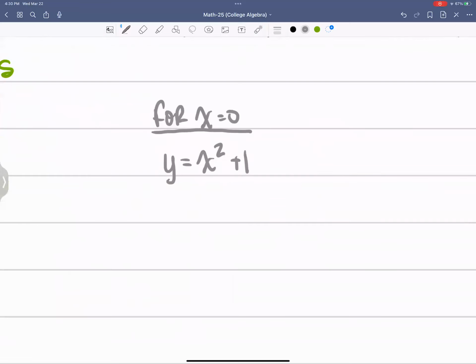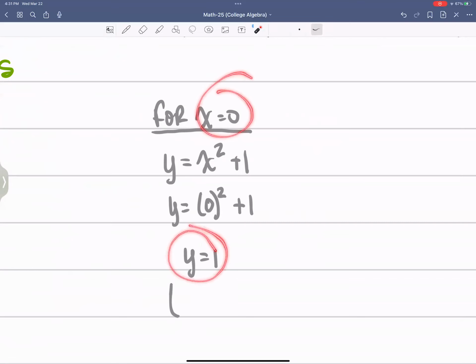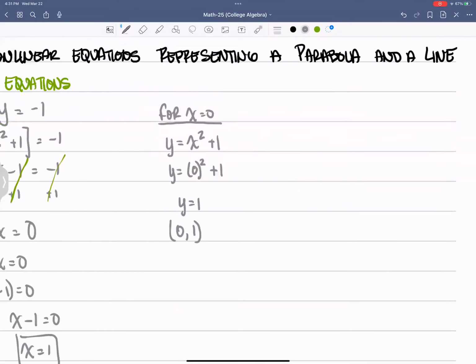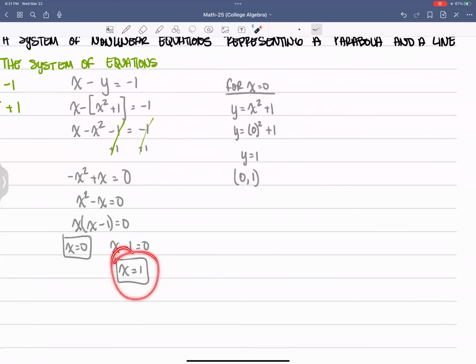y is equal to x squared plus 1. x is 0, so 0 squared plus 1. We have y is equal to 1. So here we have when x is 0, y is 1. Perfect. And now let's solve for when x is equal to +1.